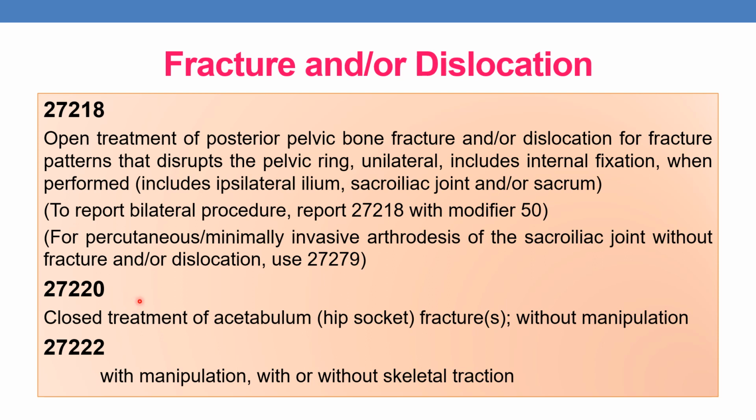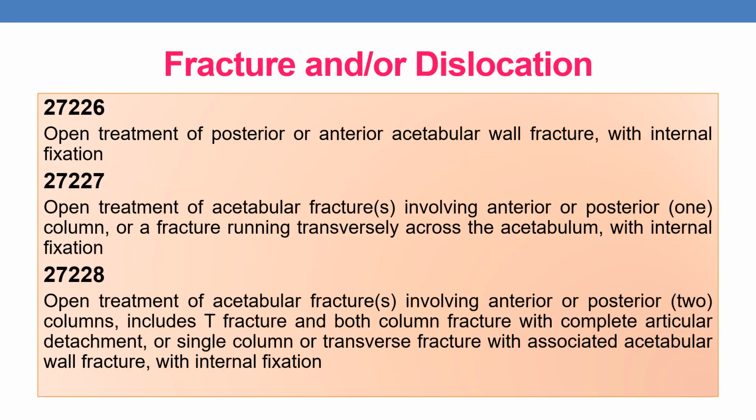The next CPT is 27220. It deals with closed treatment of acetabulum, hip socket fracture, without manipulation. The next is 27222. It deals with closed treatment of acetabulum with manipulation, with or without skeletal traction. The next CPT is 27226.